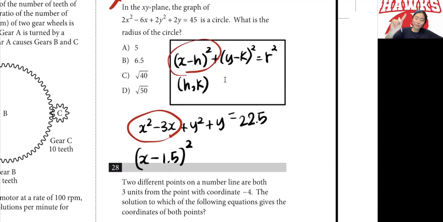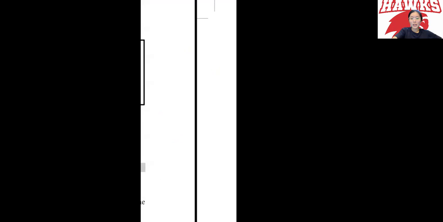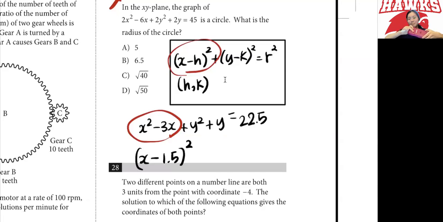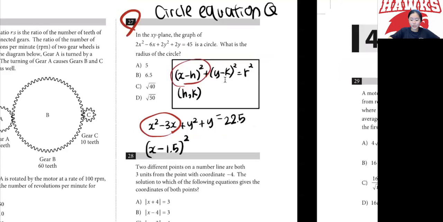And then this is the most important part. Remember that that's not the end of the step of expanding this. You have to square negative 1.5. Squaring negative 1.5, you can always use your calculator. Sorry, I'm too lazy to. Okay, that's going to be 2.25.